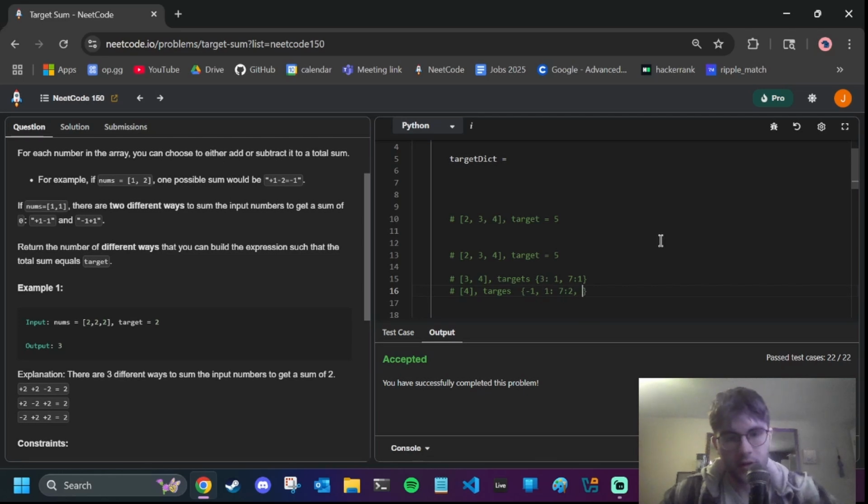So if we add 4, and then 7 minus 4 would be 3, 1. And plus 4 would be 11, 1.